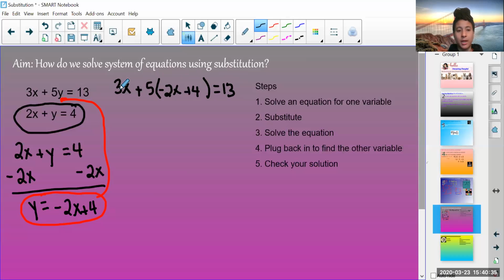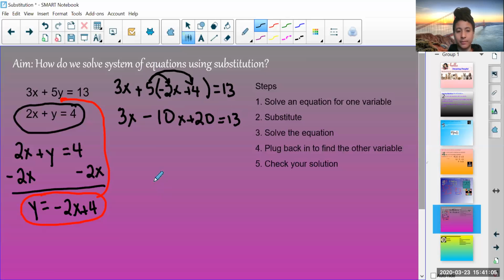Now we just solve again like we normally do. So we have 3x minus 10x plus 20 equal to 13. Now, you might be asking, where did this come from? Remember, we have a term on the outside of this parenthesis, so we have to distribute it. So 5 times -2 is -10x, and then 5 times a +4 is +20.